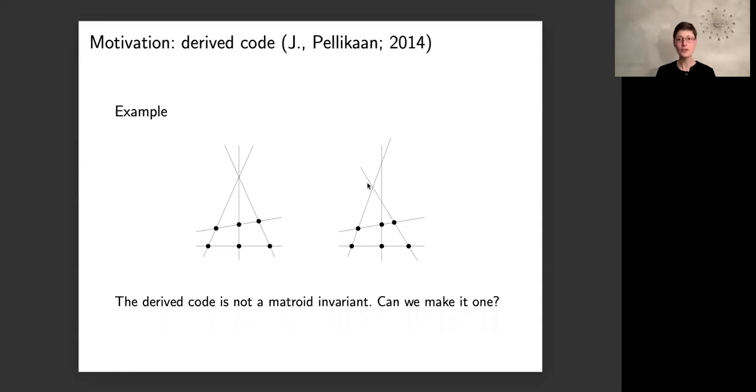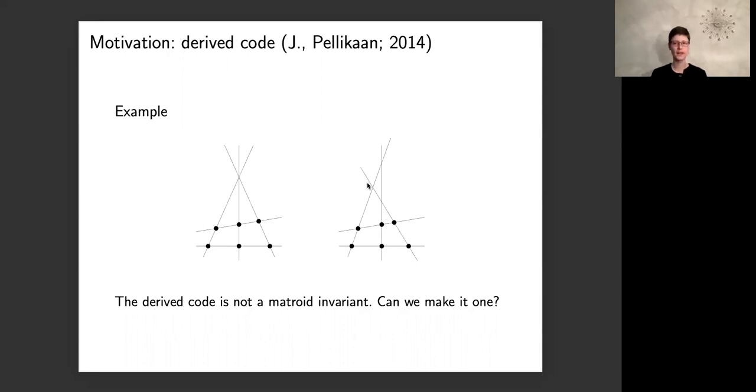And actually, when Ruud and I were working on this, we used the derived code to distinguish between codes, because equivalent codes from a Matroid point of view can have different derived codes. But we said, well, okay, can't we say something from a Matroid perspective?